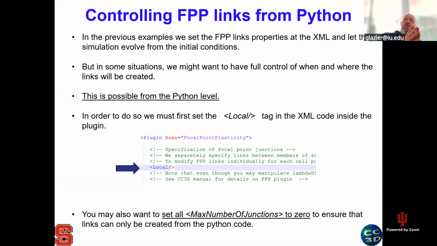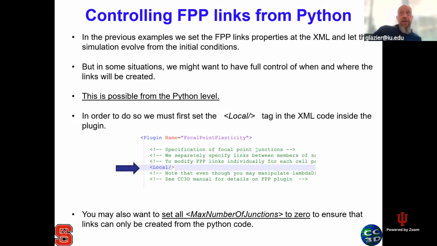And this is going to introduce the idea of controlling the cells from the links from Python. Normally, we're going to use Python instead of XML, we have to leave a blank plugin. In this case, we do it in a better way, which is we put in the local tag in the plugin.